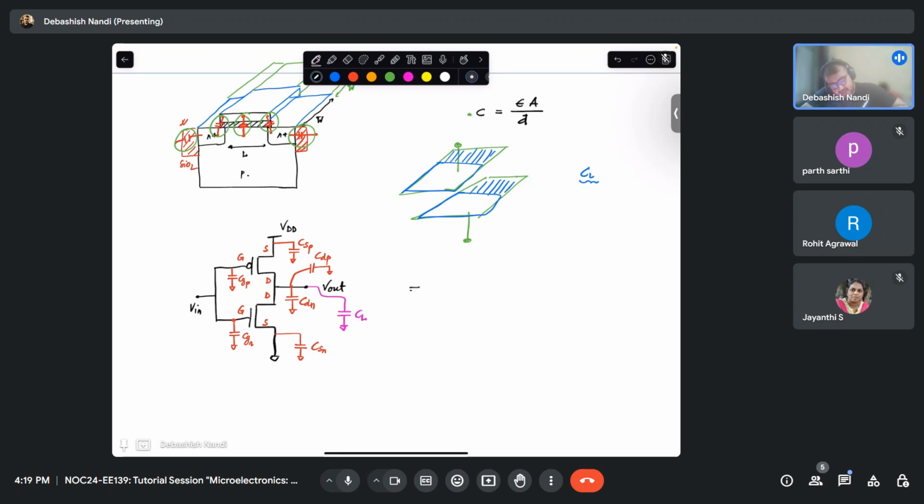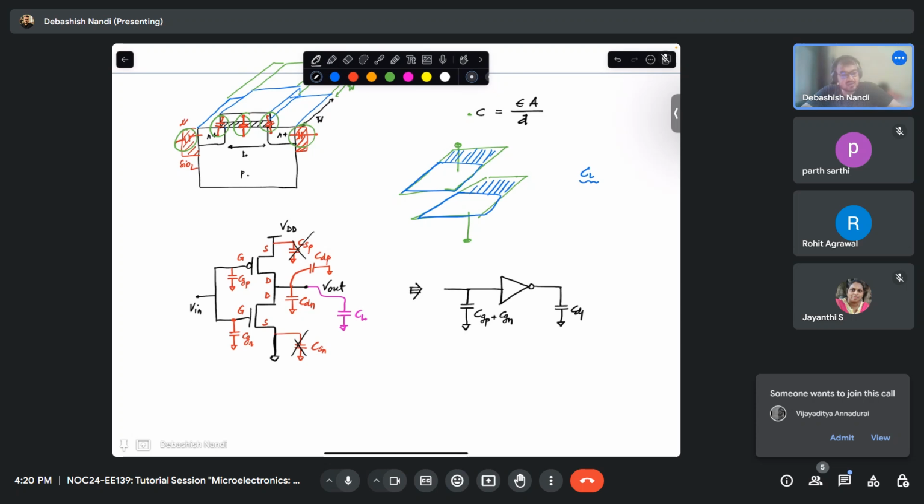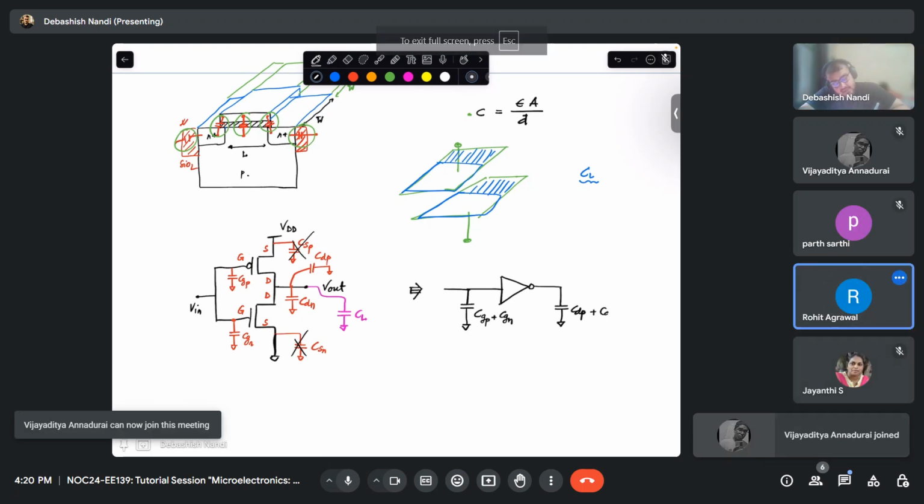So how do we simplify this? We ignored this because we have a direct path at this position. So we simply denote one input capacitance, that is CGP plus CGN, and one output capacitance, that is CDP plus CDN.